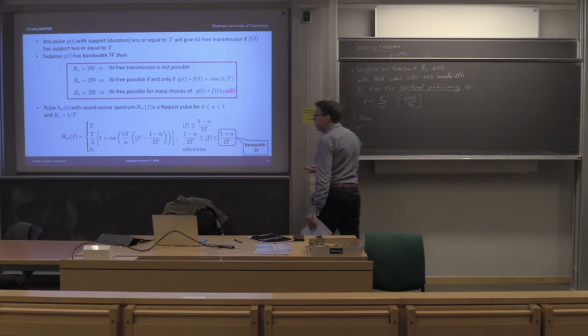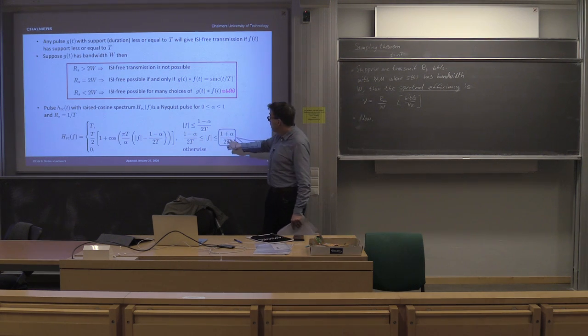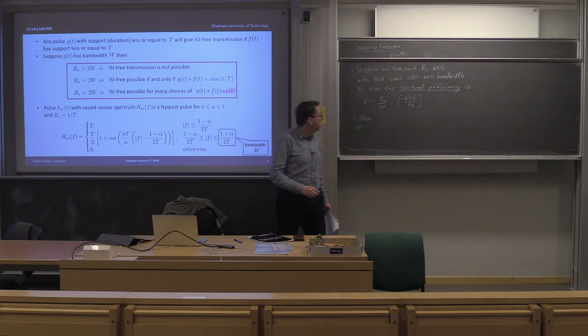Now, if we use raised cosine pulses, then the bandwidth of the transmitted signal is 1 plus alpha over 2T.